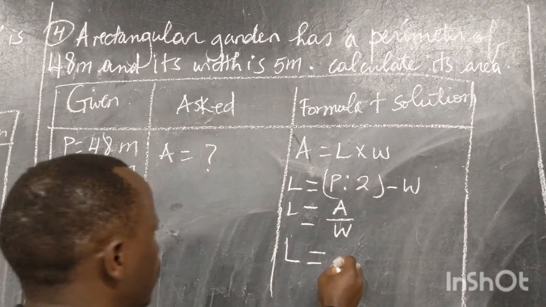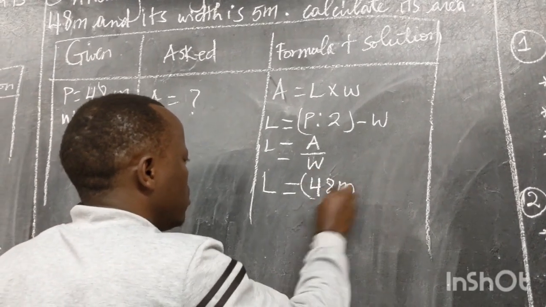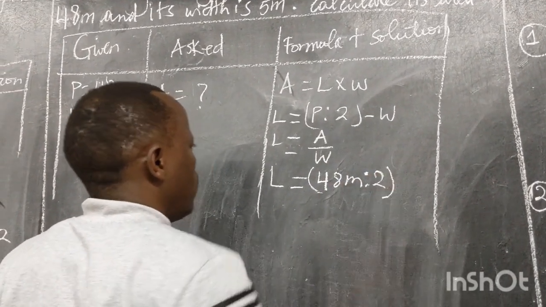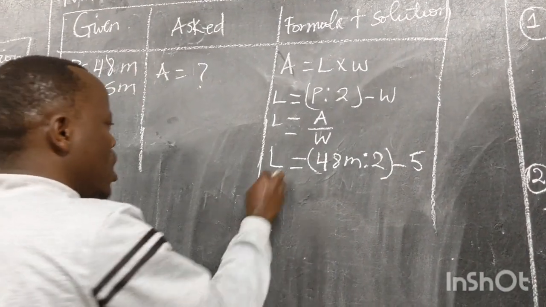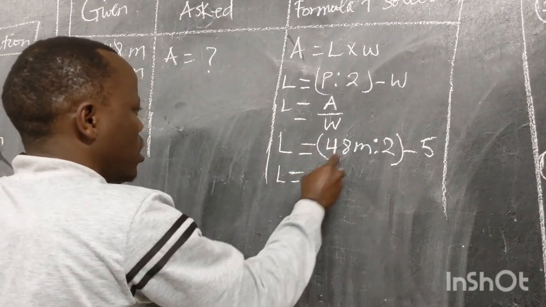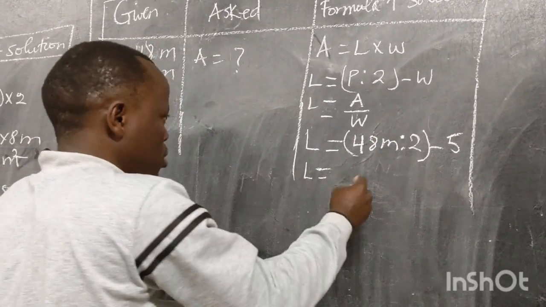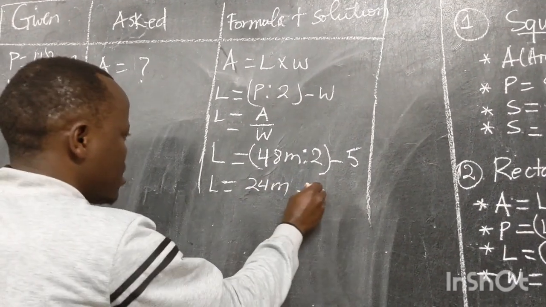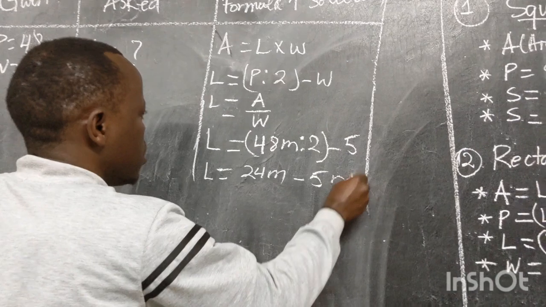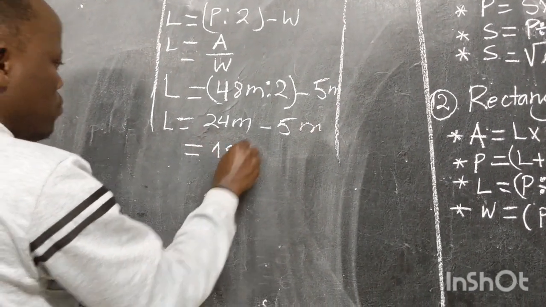It will be equal to 48 meter divided by 2 minus width, which is equal to 5. Length will be equal to 48 divided by 2, which is equal to 24 meter minus 5 meter, which is equal to 19 meter.